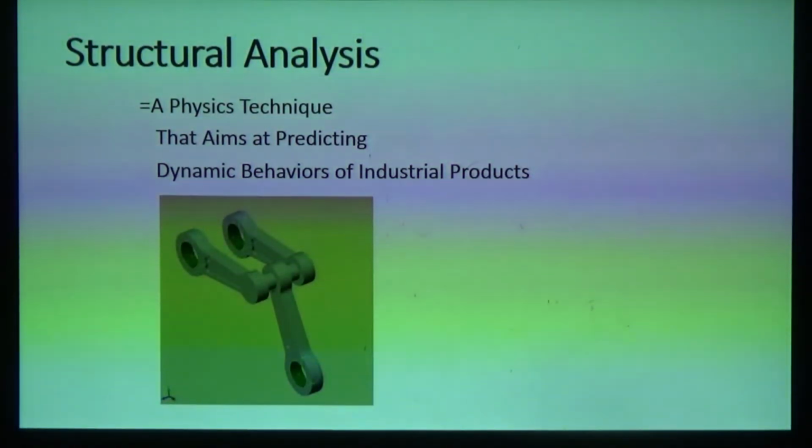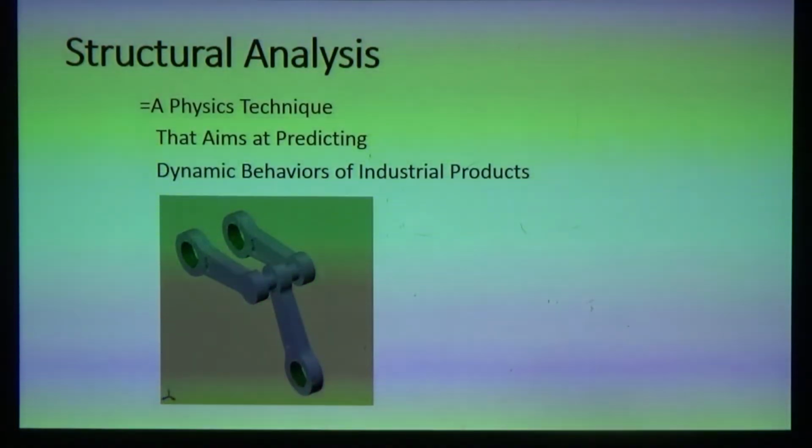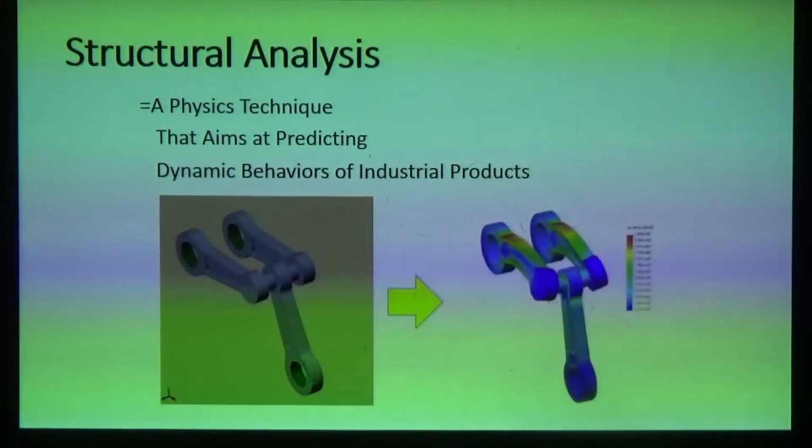As the car moves, intensified stresses work on the part. Because of the stresses, the part bends. To improve product reliability, we need to predict how much the part bends as the stresses work on it. Structural analysis is used to solve such problems.